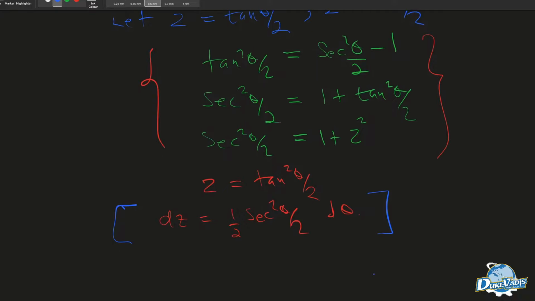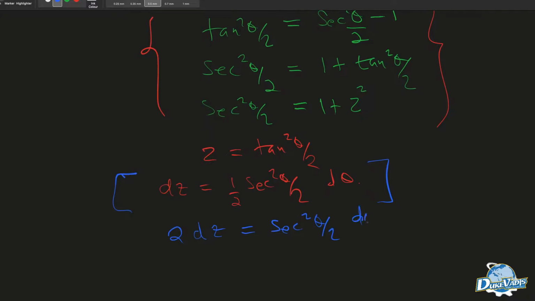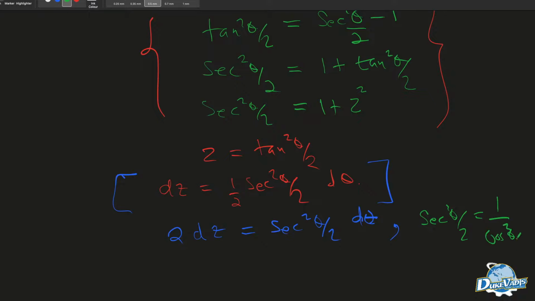Once again, we can multiply through by 2, so 2 dz equals sec squared theta over 2 d theta, because we have gotten rid of the half. And we know that sec squared theta over 2 is 1 over cos squared theta over 2.